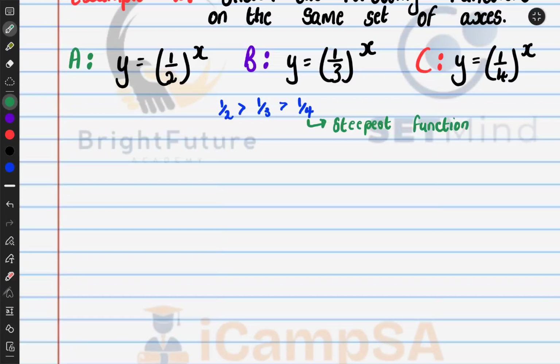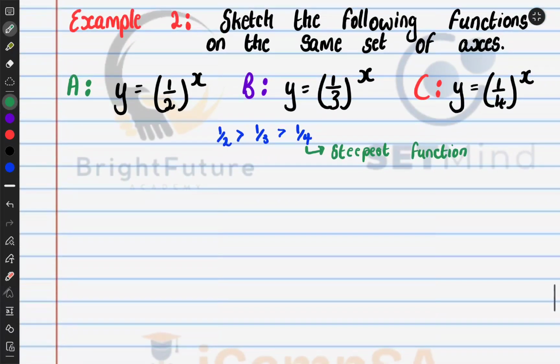Let's go ahead and sketch these functions so that you can visually see what we are talking about. Remember, changing the value of p affects the shape and the steepness of the function. That is what we are doing in these examples. So for a, let's find the y-intercept.